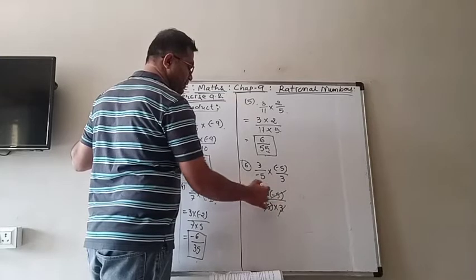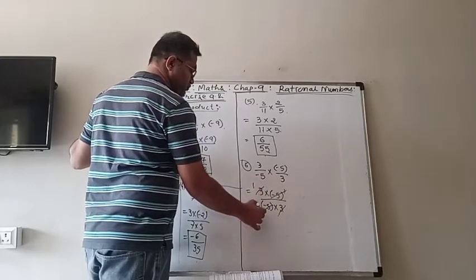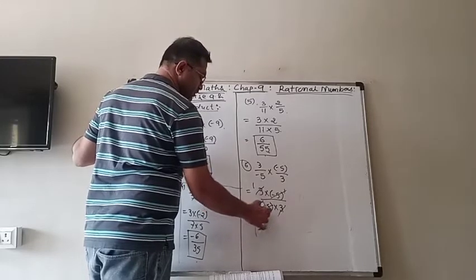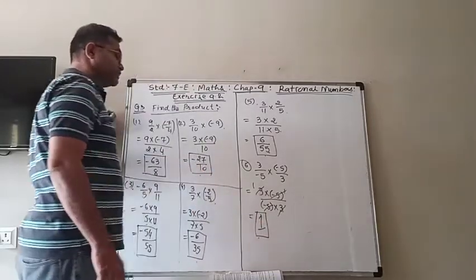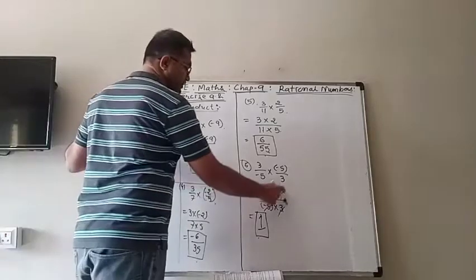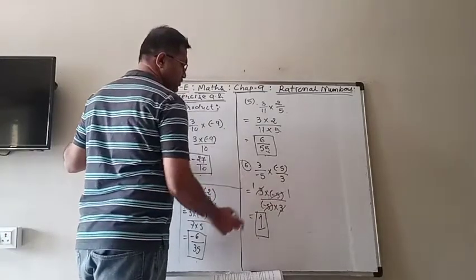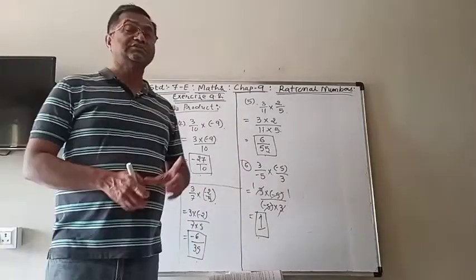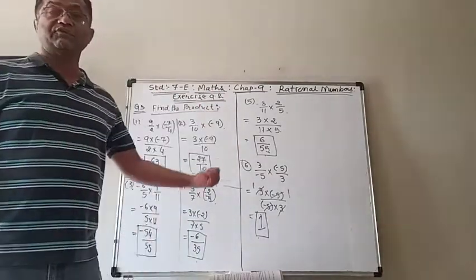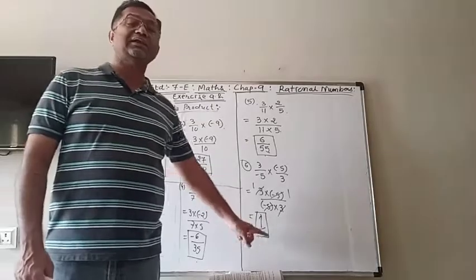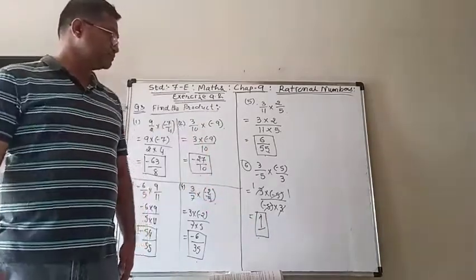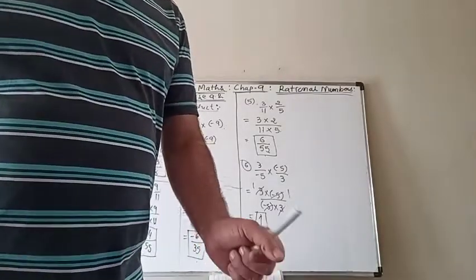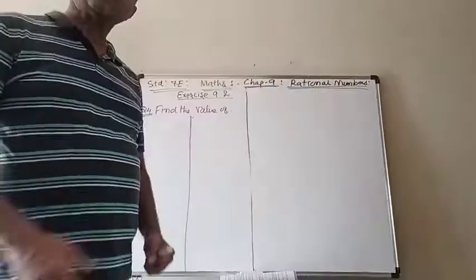Minus 5 and minus 5 are also common factors. So when everything is cancelled, then only the 1 will be remaining. So 3 ones are 3, minus 5 ones are minus 5. So we cancelled them. So in the final, the 1 is remaining. Therefore, here the final answer will be 1. So the multiplication is very, very simple like that.